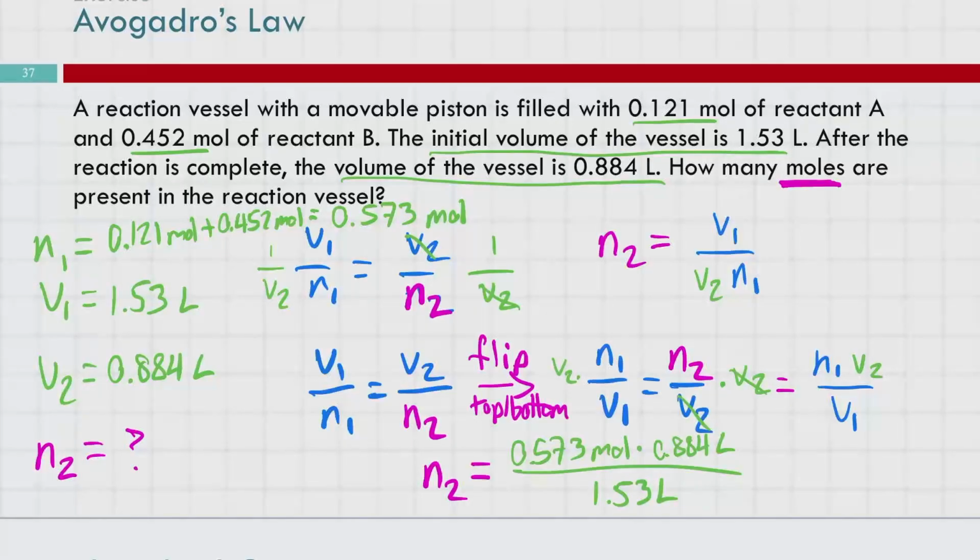We've got liters on top and bottom, so those cancel. And the units that are left over are moles, and importantly, the moles are on top. They're not underneath. So we get 0.331, after rounding for 3 sig figs, moles of whatever our product is, plus any maybe leftover reactant. Questions?